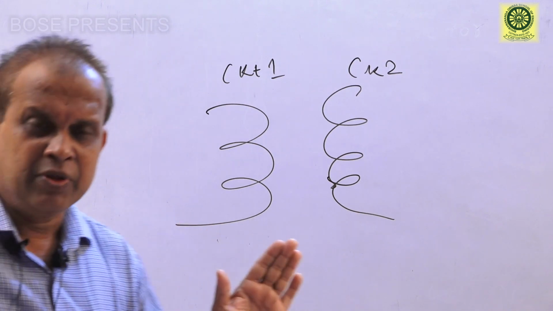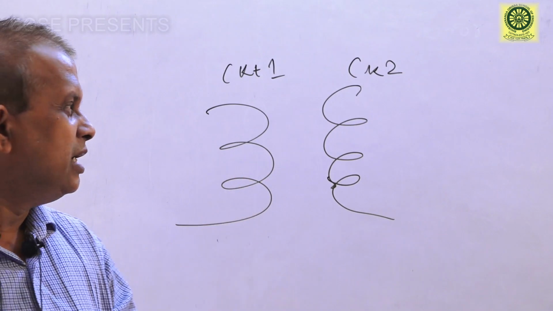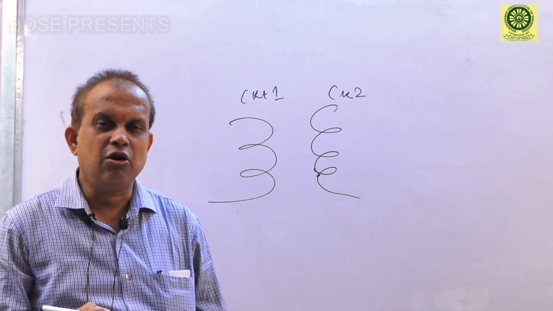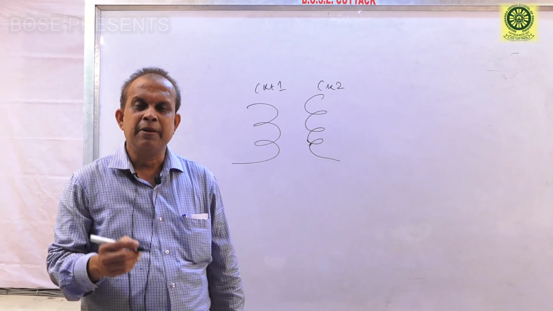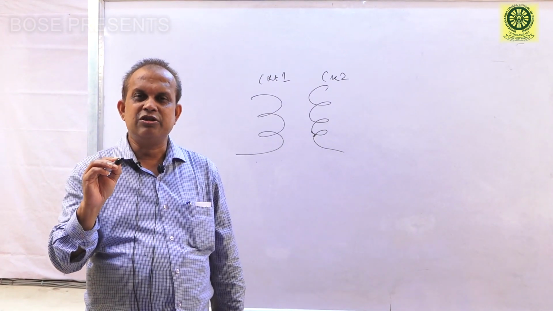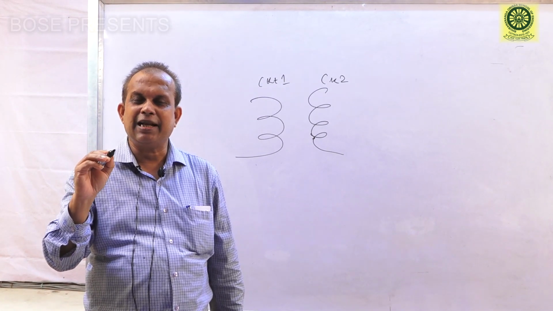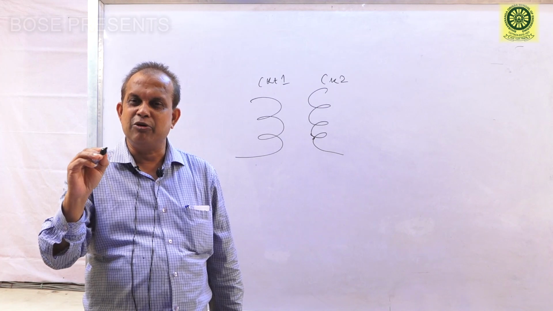Next is the operation of a transformer. A transformer basically operates based on the principle of Faraday's law of electromagnetic induction. Faraday's first law states that whenever a coil is cutting magnetic lines of flux, EMF will be induced.